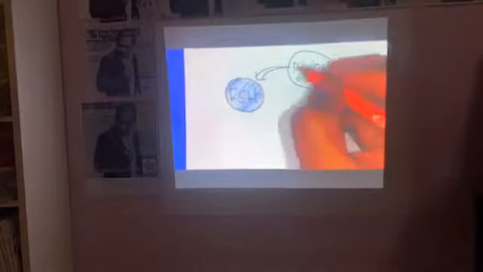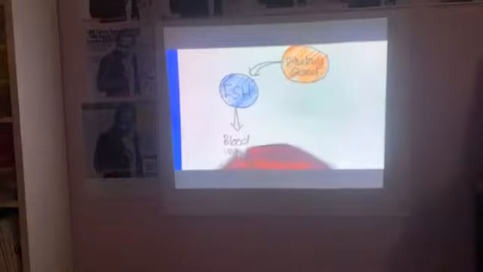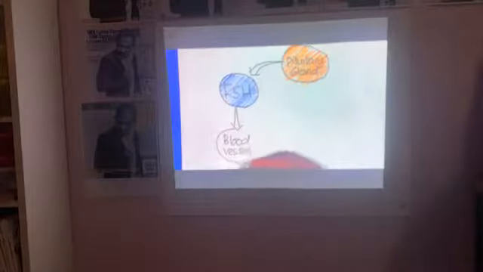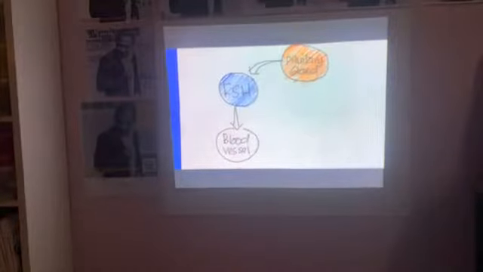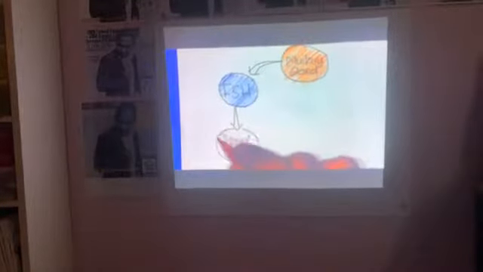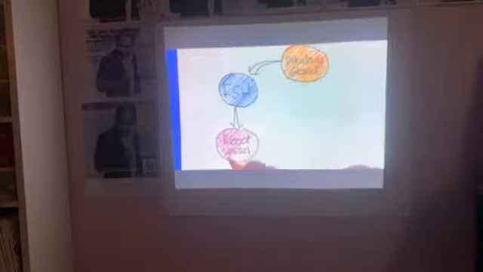For our gland, we use the orange color. Okay. So, the FSH will be transported by blood vessel. For blood vessel, we use the red color. Okay, got it?